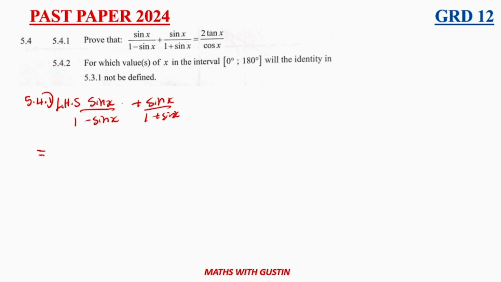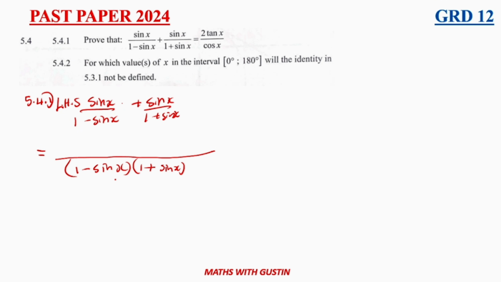Great stuff. Let's go. All right, so now here, what do we say? We look for an LCD because we've got a fraction. LCD refers to everything that is at the bottom: 1 minus sine x and 1 plus sine x.